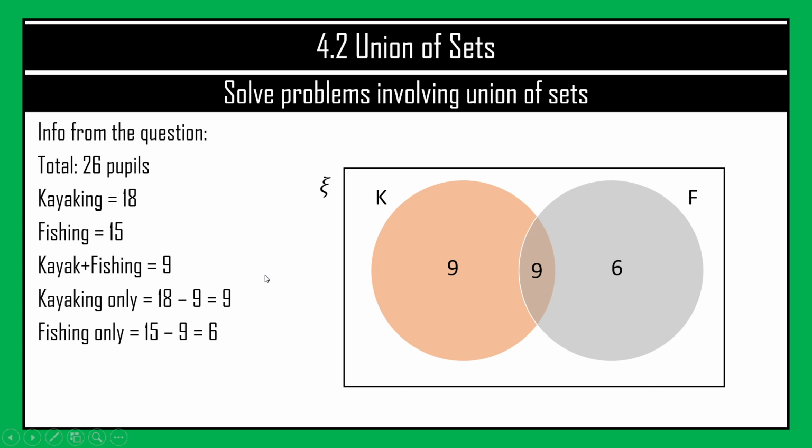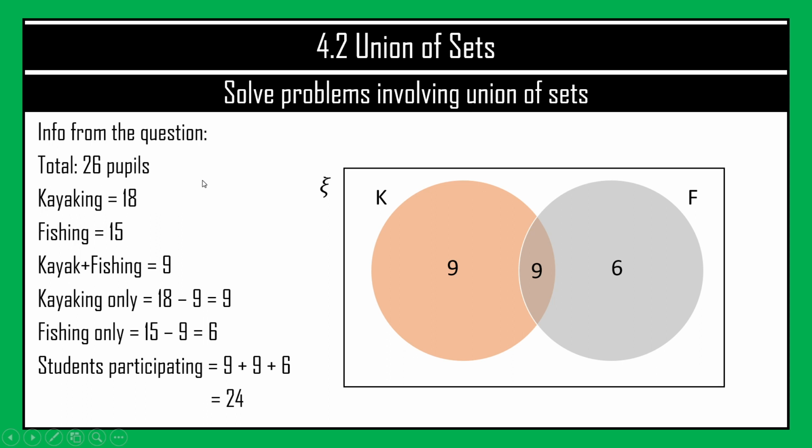Alright, let's refer back to the question again. The question asked the total number of pupils who participate in the activities, means that all of them that is in this circle. Alright, so we got 9 plus 9 plus 6, which equals 24. Now if we look back at the total, there are 26 pupils.